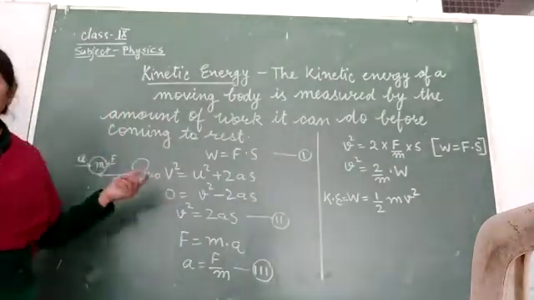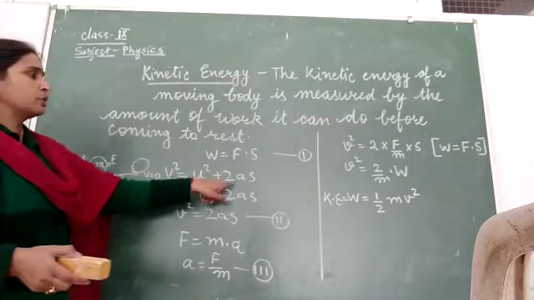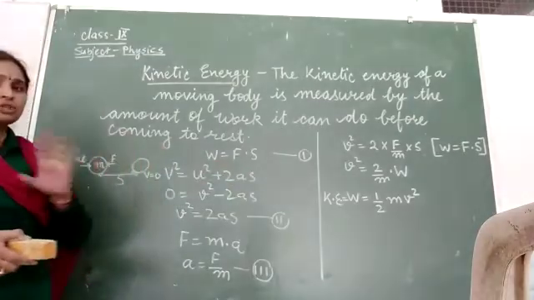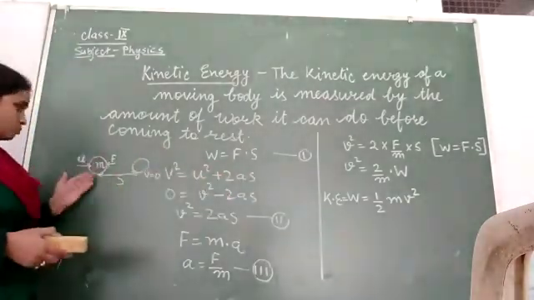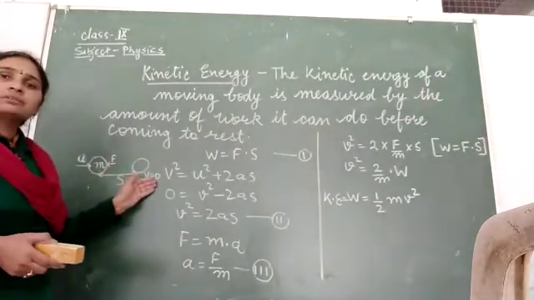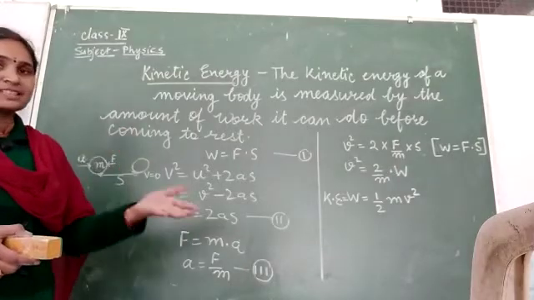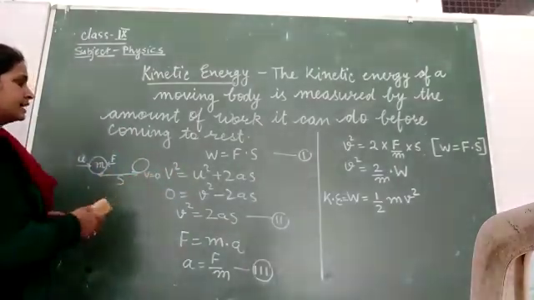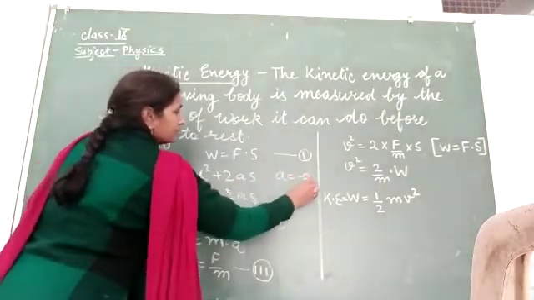Now the second equation: v square is equal to u square plus 2as, our second equation of motion. But there are some things we should consider, like acceleration a. The body was moving and slowly came to rest, so it is not accelerating; retardation is taking place, indicating a will be equal to minus a.